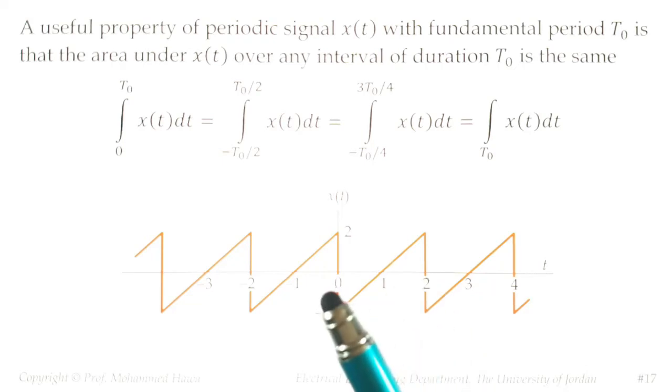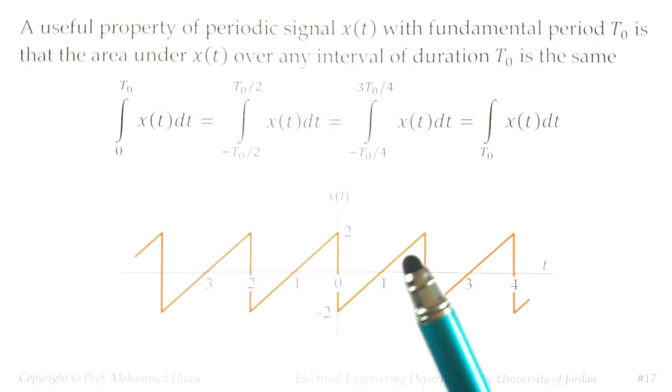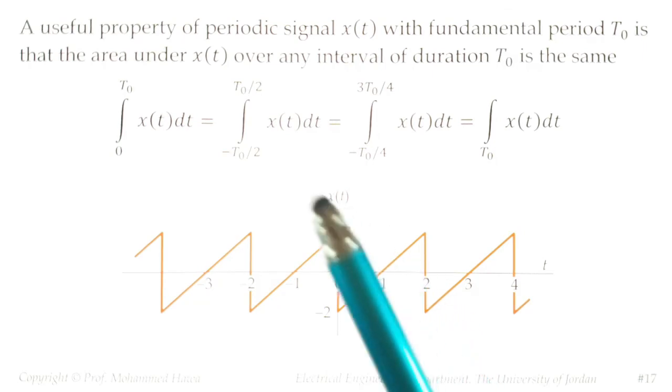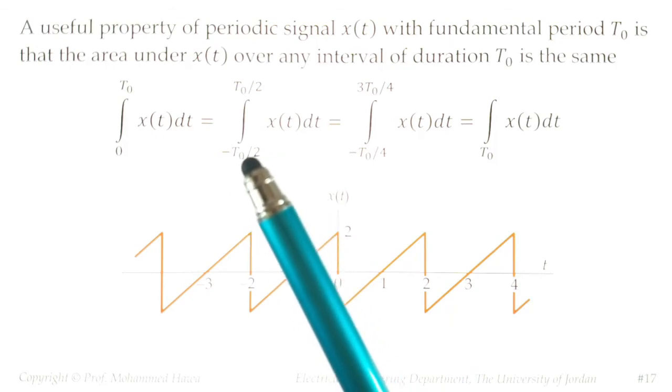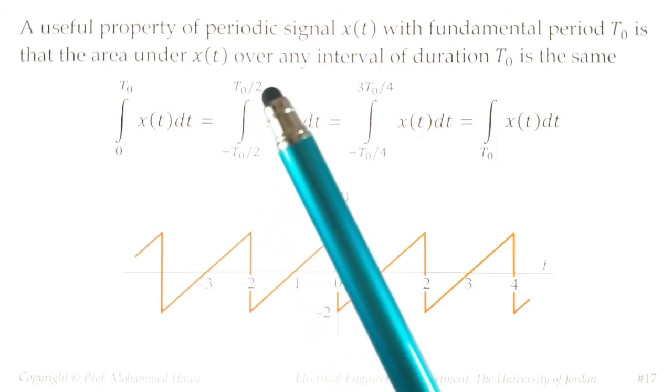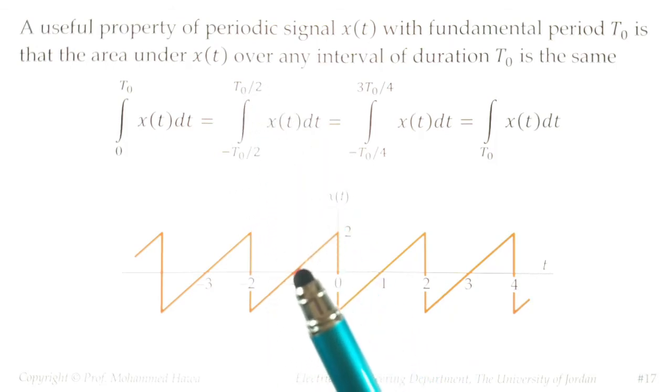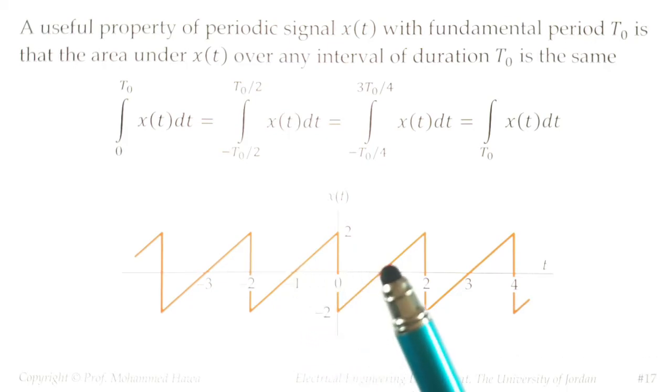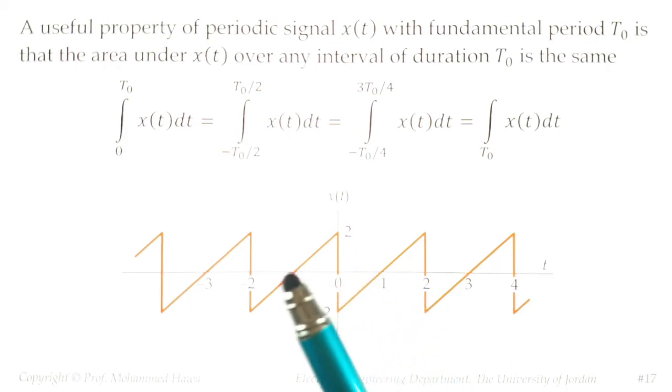You could do the integral from 0 to 2 where you find the area of this triangle and find the area of this triangle. But someone else might decide, well, let me do the integral from minus T0 over 2 to T0 over 2. So I'm going to start at this point, minus T0 over 2, and I'm going to end at this point over one period.